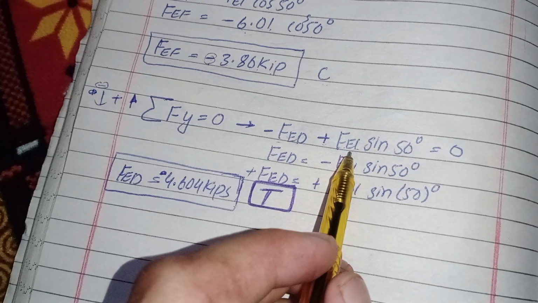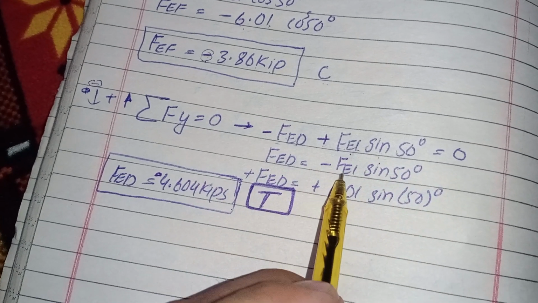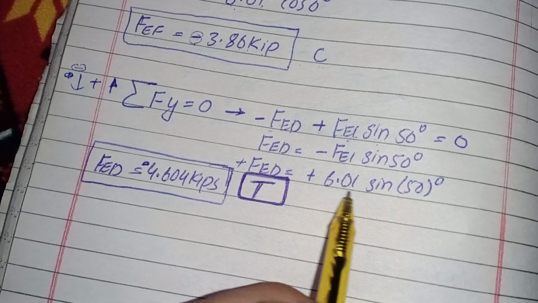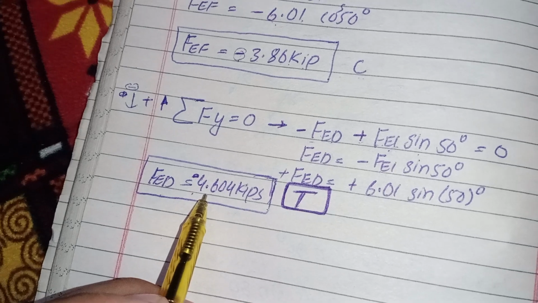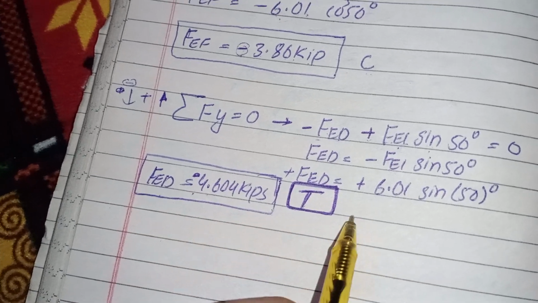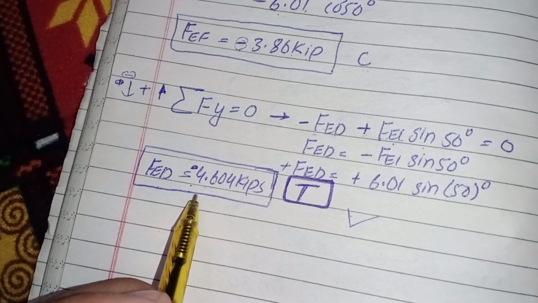So FED will equal negative FEI sine 50 degrees. If you calculate it on the calculator, the result will come 4.604 kips, which is in tension because the answer comes with a positive sign.